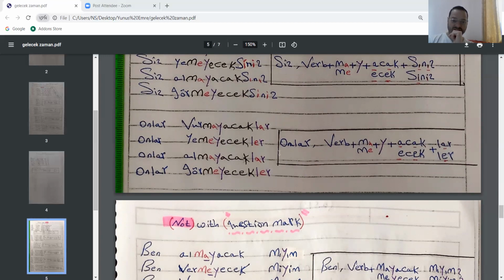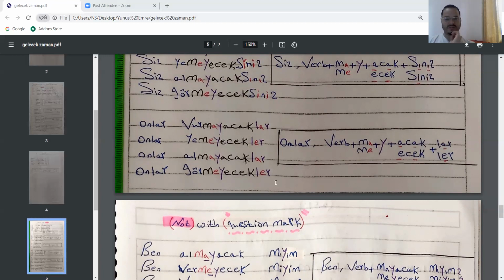Vurmayacaklar, yemeyecekler, almayacaklar, görmeyecekler. We have important notes. If you didn't watch the previous lectures, there is no way you can understand what I'm talking about, because simply you don't have any idea about the tone in Turkish, the vowel letters, and how we deal with them.